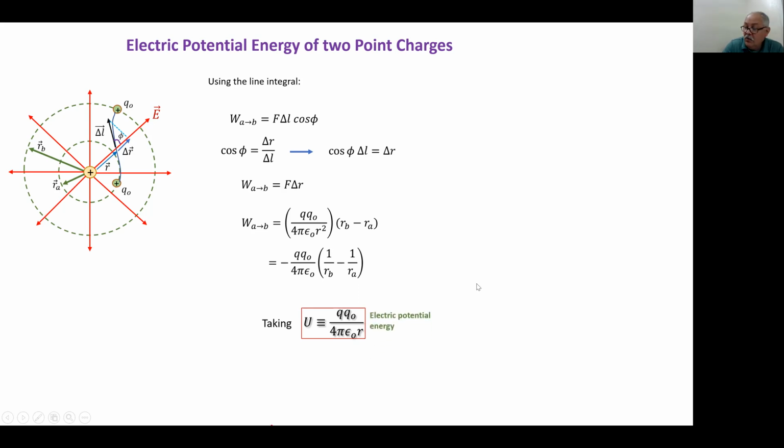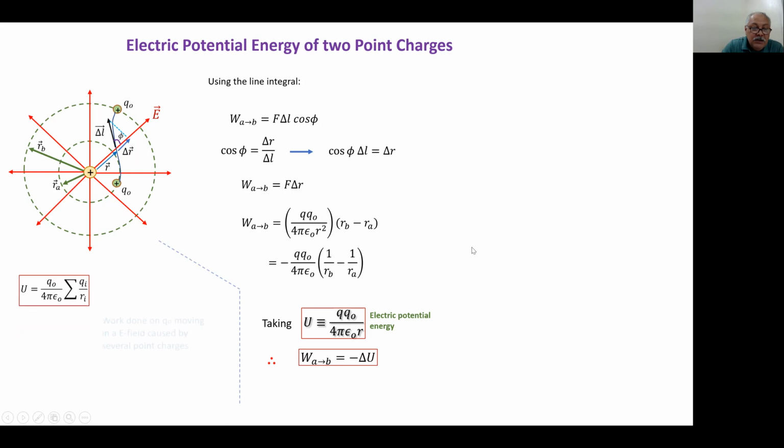We have that the work done from A to B is equal to negative the change in the electric potential energy. This is another definition for electric potential energy. Remember, before we used the electric field, and now we use Coulomb's law, correct? Perfect.